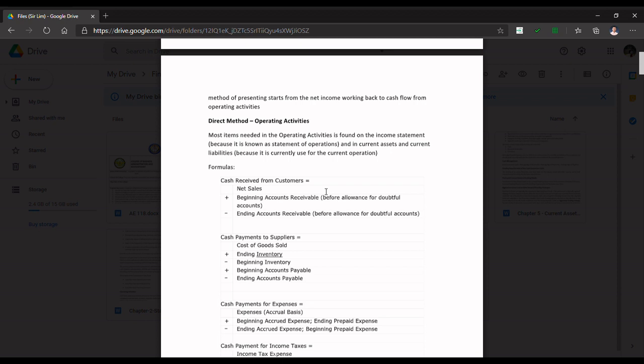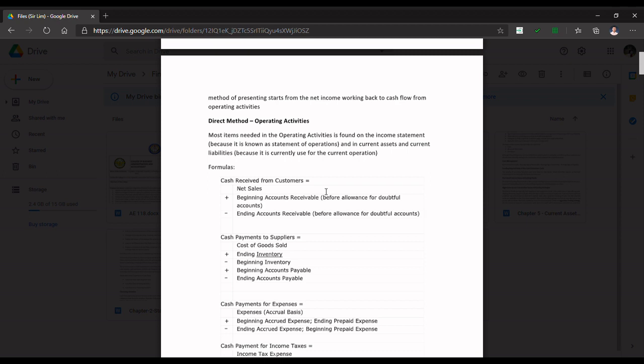Most items needed in the operating activities are found on the income statement because it is known as the statement of operations. Okay, so yun nga yung sinabi ko. Yung operating activities involve the net income or those in the income statement. And in current assets and current liabilities because it is currently used for the current operation. Okay, so operating activities also involve the current assets and current liabilities or the working capital.